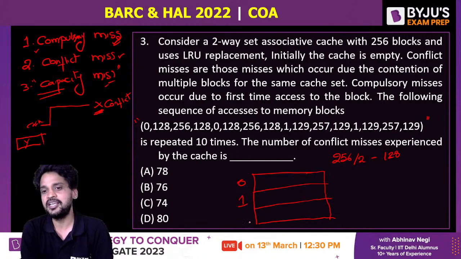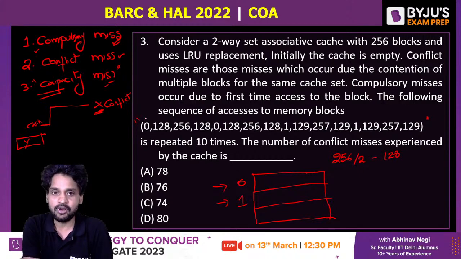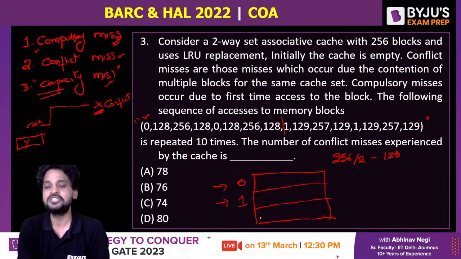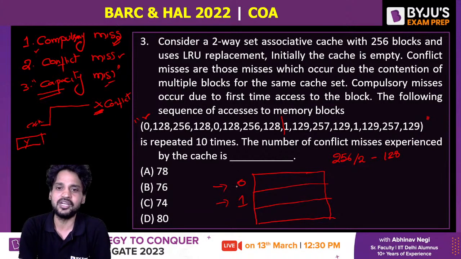We don't need to consider anything else, because all the block numbers of the main memory are just getting mapped to either 0 or 1. What is the mapping rule? The mapping rule is the referenced block number mod the total number of sets in the cache memory. So 0 mod 128 is equal to 0. Of course, 128 mod 128 is equal to 0. Till here, all the block numbers are getting mapped to 0. From 1 to 129, all the blocks are getting mapped to the first set. So we just need to draw only 0 and 1 here.